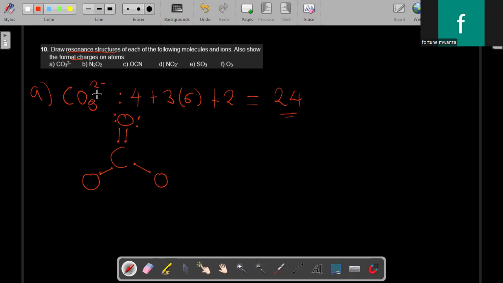Now, you can see in our ion, this ion has gained 2 electrons, okay? So where are we going to put those 2 electrons? So let's write the 5 remaining electrons there for this oxygen. So it has remained with 5. Also this one has remained with 5 electrons there, okay?